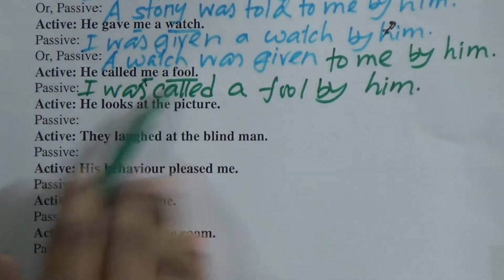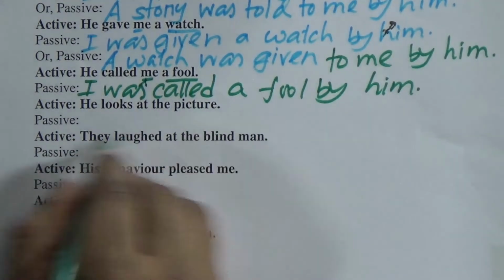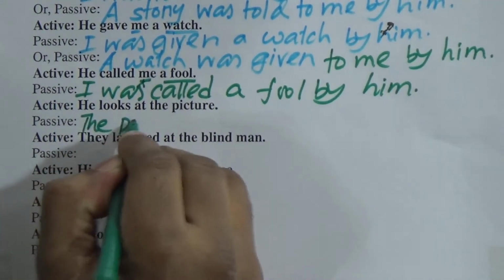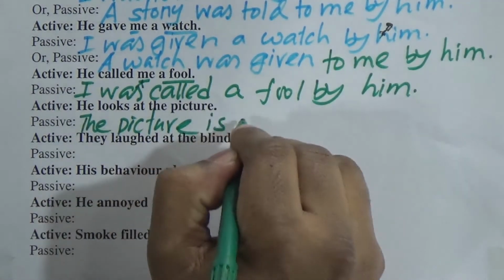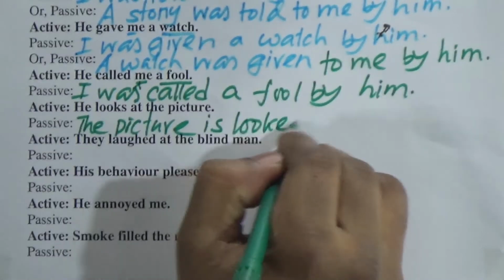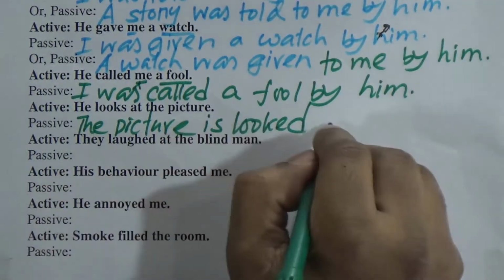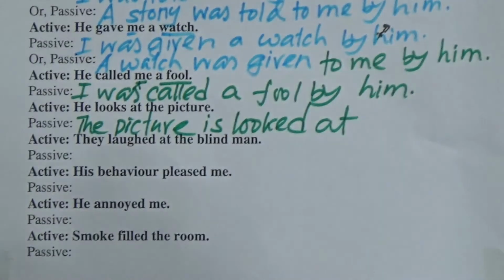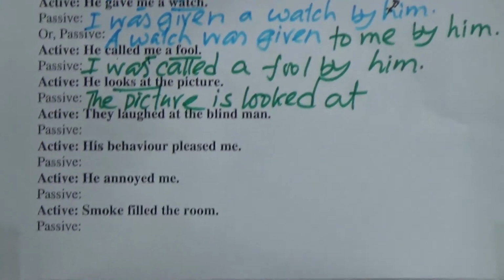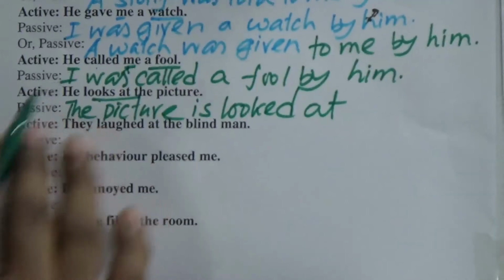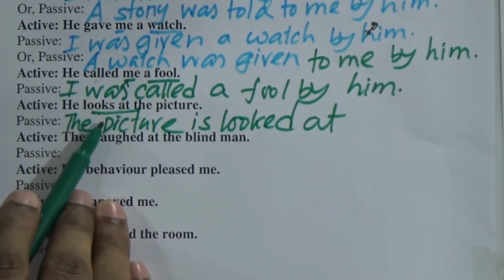He looks at the picture. So here the picture is the subject. Looks is present indefinite tense, that's why we have to use is looked at. If a preposition is given in the sentence, we have to add the preposition after the verb. This is called group verbs. Looks at is called a group verb.